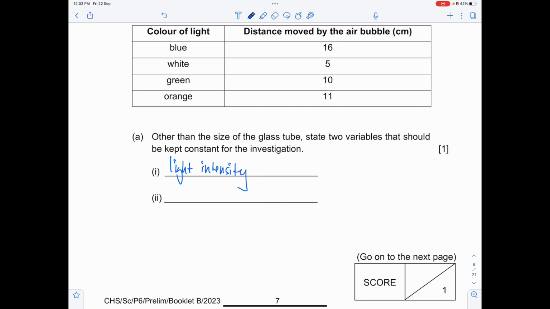Okay, another one could be number of leaves on the plant, or type of plant. Also, another one could be temperature, because temperature actually affects the rate of photosynthesis. Just in case you all didn't know, for sure temperature is correct.